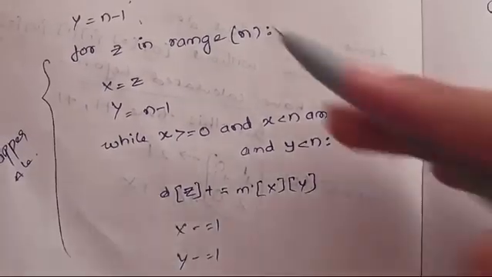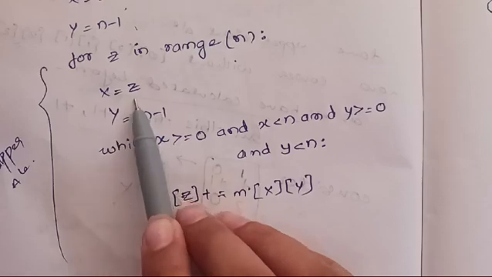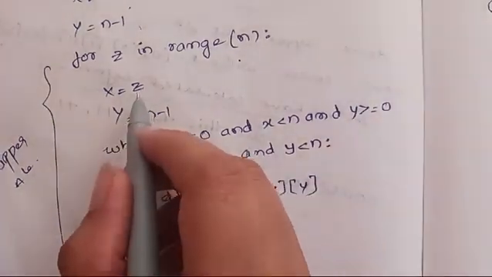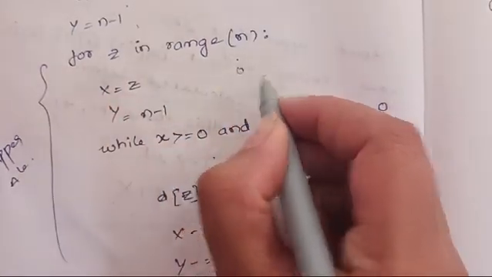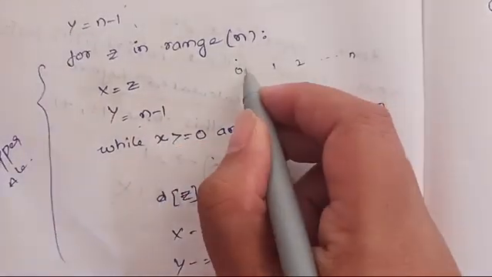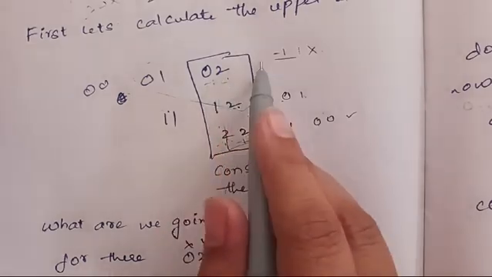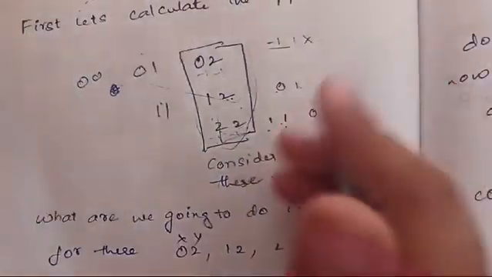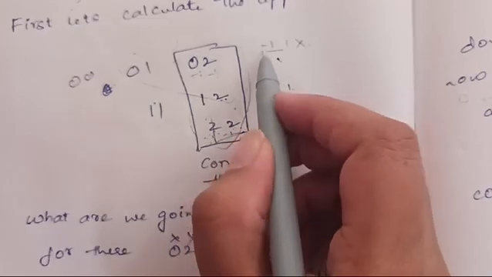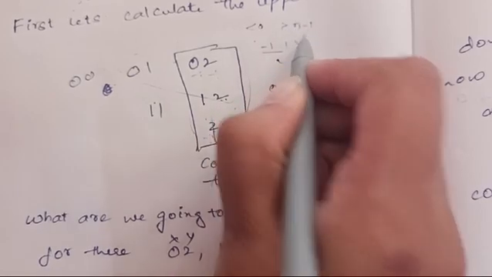Take a for loop in the range n, and x is z, y is n minus 1. That means x is z, it changes 0, 1, 2 till n. Y is always 2. That means we are considering the last elements. Put a condition. See, we have not considered the elements which are less than 0 or greater than n minus 1.